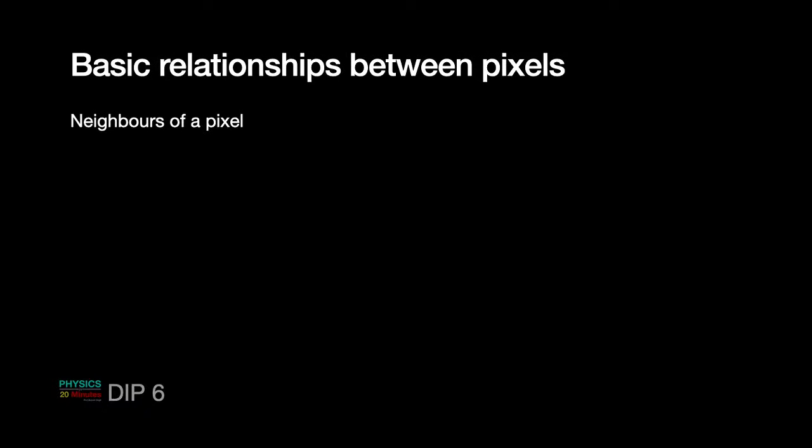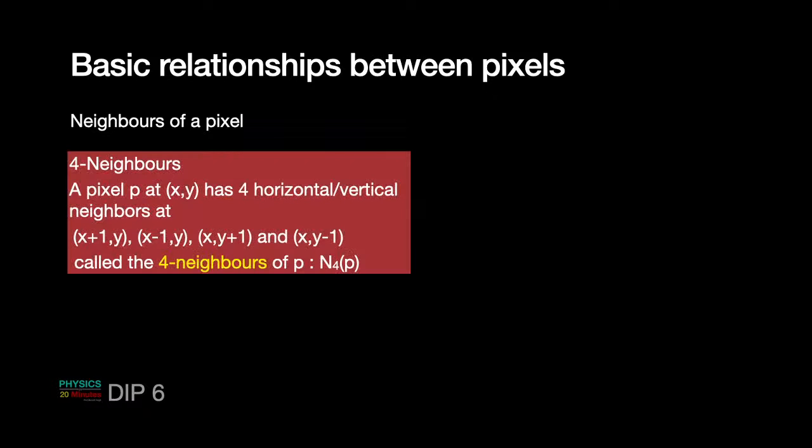Now we look at some basic relationships between pixels. Neighbors of a pixel: a pixel can have neighbors in many ways. First of all, we can say 4 neighbors. Any pixel (x, y) has 4 horizontal or vertical neighbors. The two horizontal neighbors will be (x+1, y) and (x-1, y), that is, one to the right and one to the left.